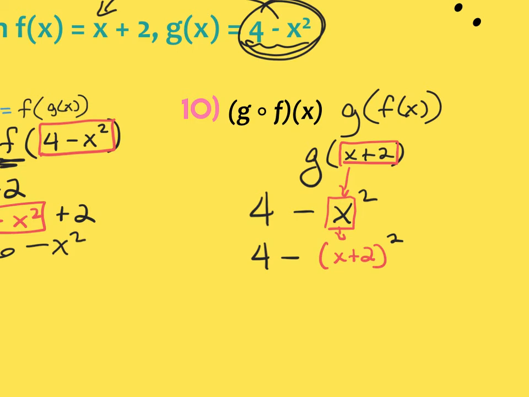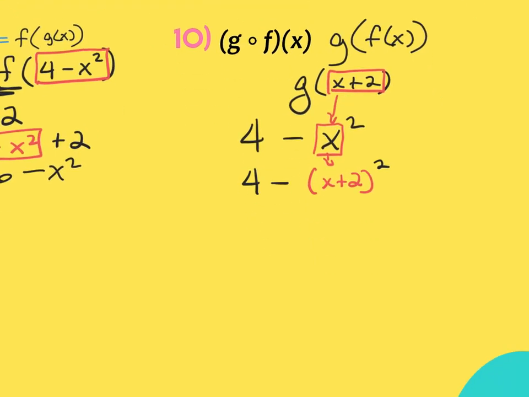I now need to simplify this thing. So I am going to FOIL the red, the x plus 2. So 4 minus, and then this becomes x squared plus 4x plus 4. And now I need to distribute the subtraction sign.